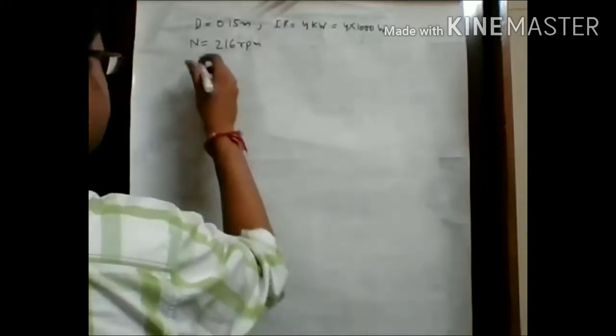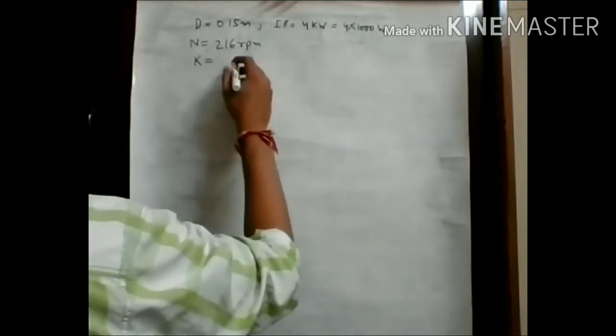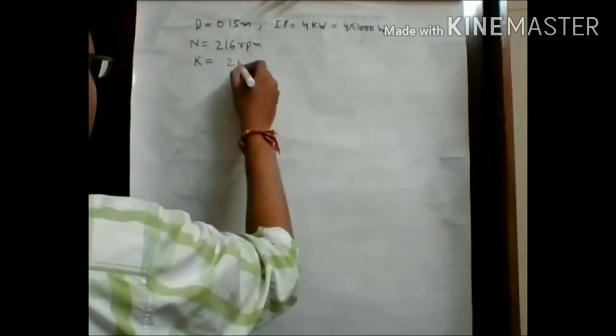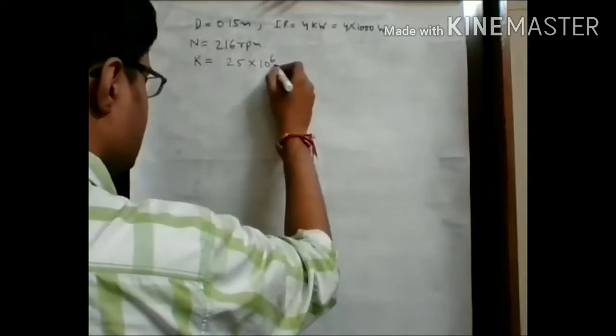Spring constant, that is K value, is given as 25 into 10 to the power 6 Newton per meter.